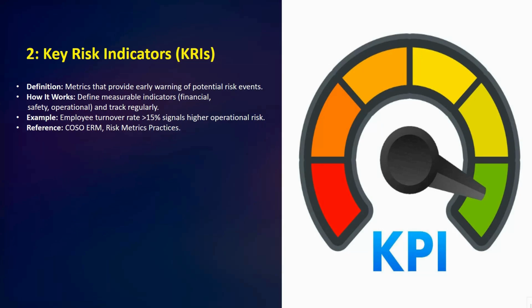These metrics are monitored on a regular basis, and results are compared against agreed thresholds. If the indicators move beyond the acceptable level, it shows that the risk exposure may be rising and it requires more action.